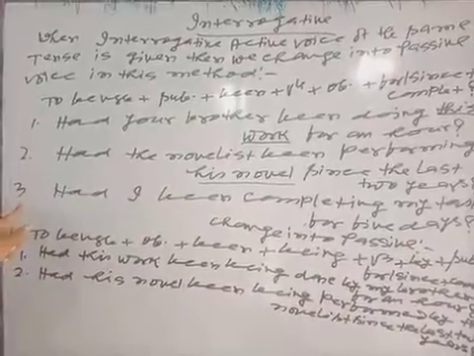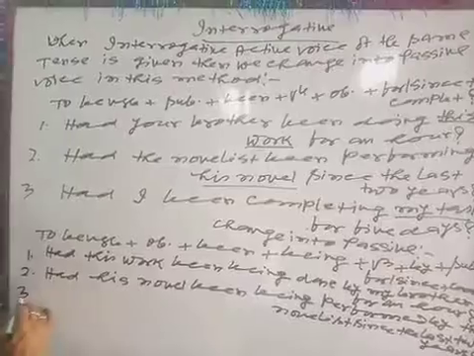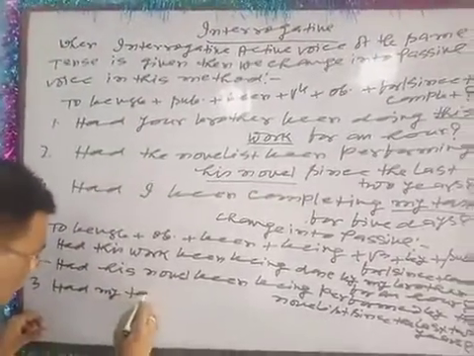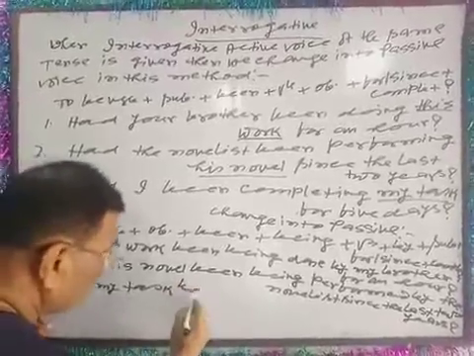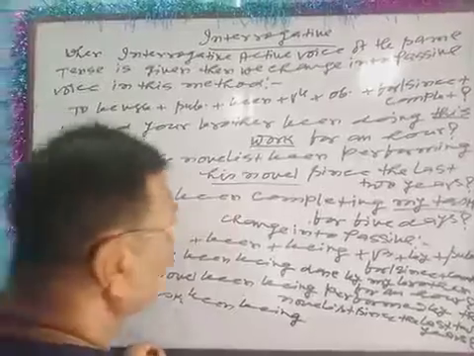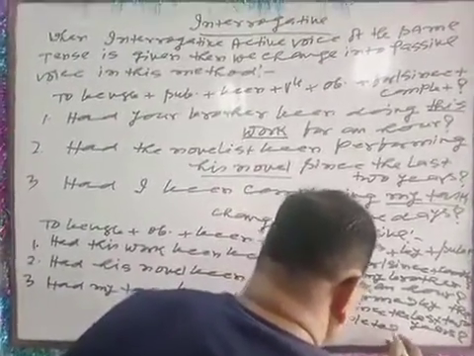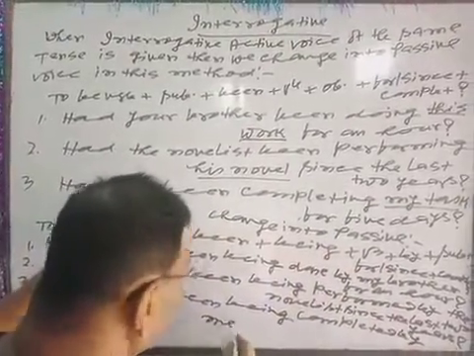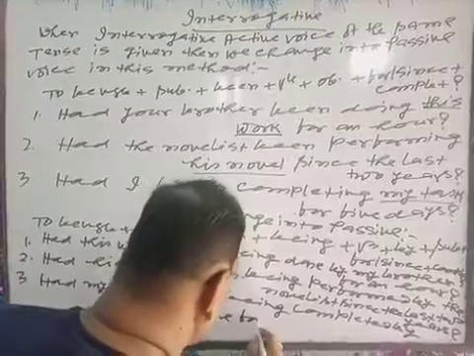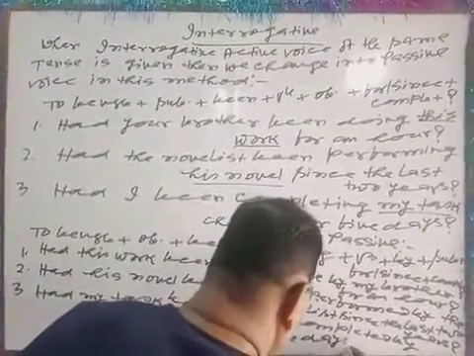Now in the third sentence, my task is an object. Had my task been being completed by me for 5 days?